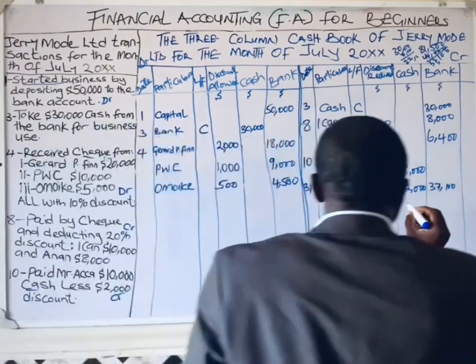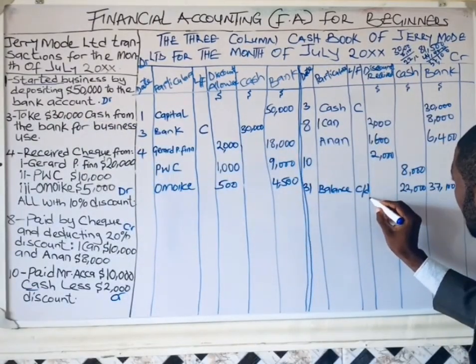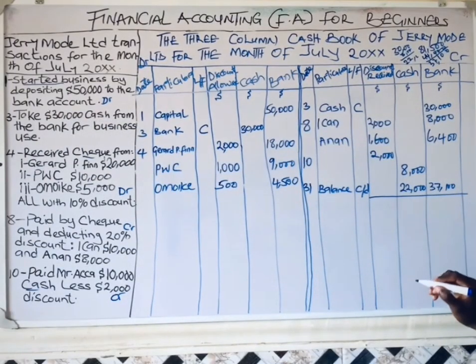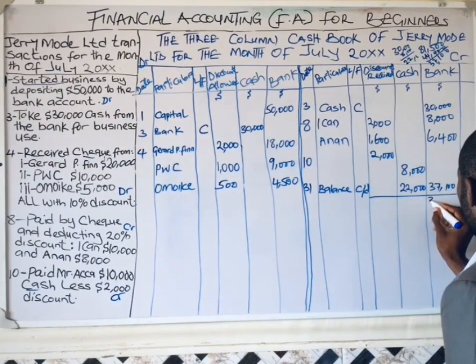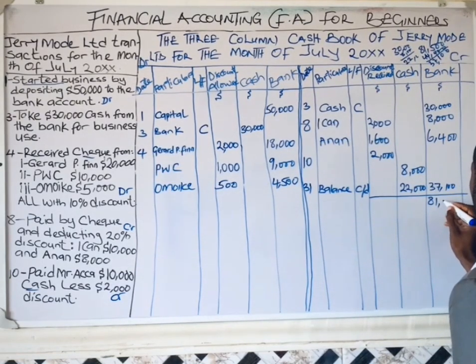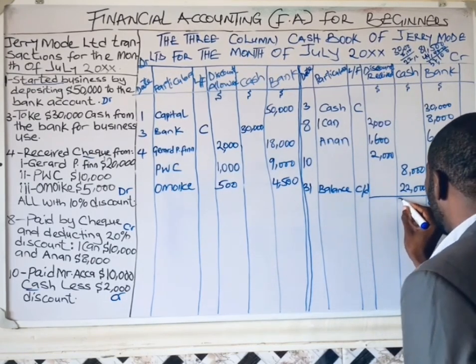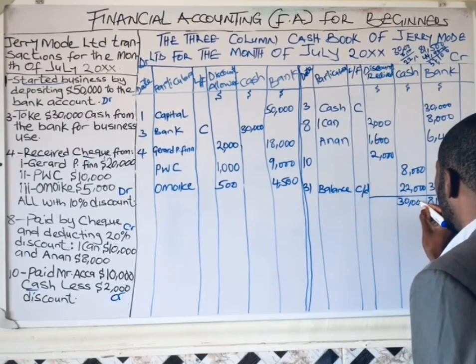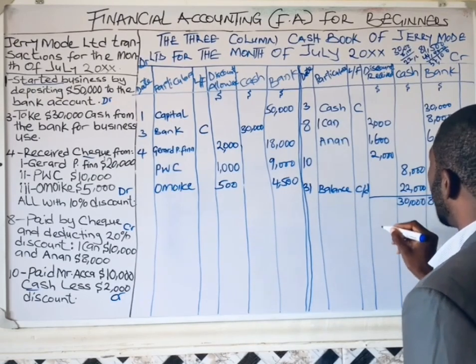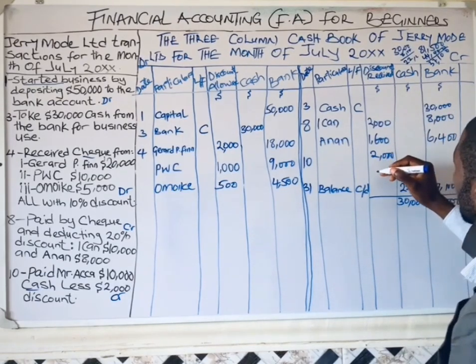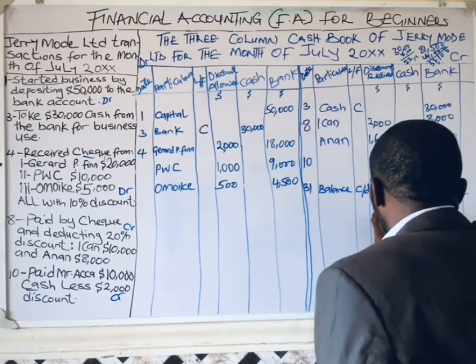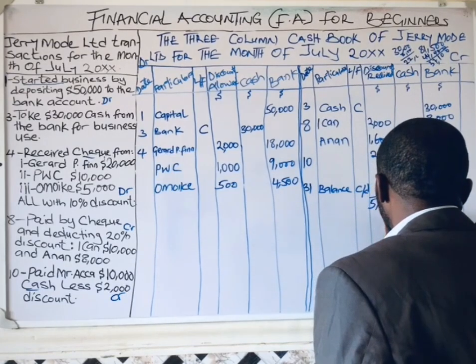So now we add it all. It will give you $81,500. Here is your $30,000. And if you add this, it will give you $5,600.